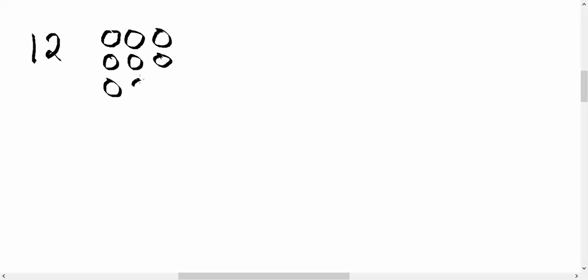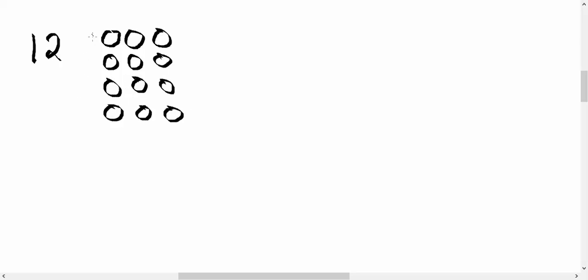They instead thought of numbers as little dots. So let's say the number 12 would be 12 little dots. 1, 2, 3, 4, 5, 6, 7, 8, 9, 10, 11, 12. So that's the number 12 for the Greeks.